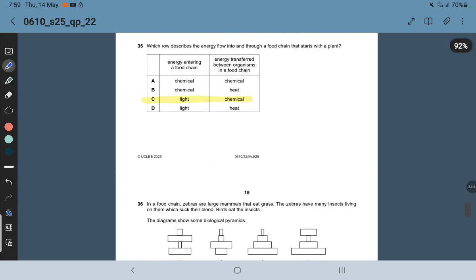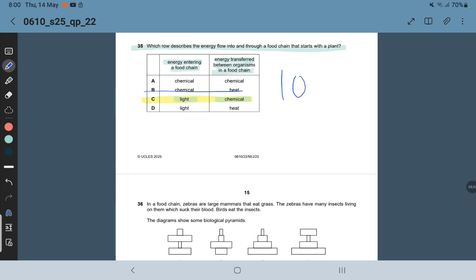35. Which row describes the energy flow into and through a food chain that starts with a plant? So energy entering a food chain will be light energy, of course. Energy transferred between organisms will be chemical energy. You will ask why it's not heat. Because heat energy is the energy that is released.